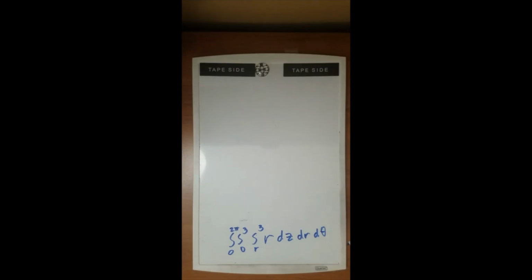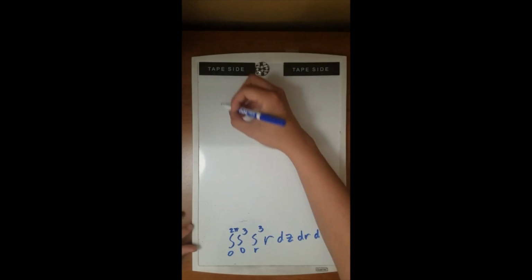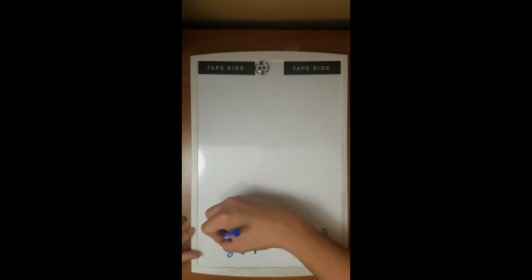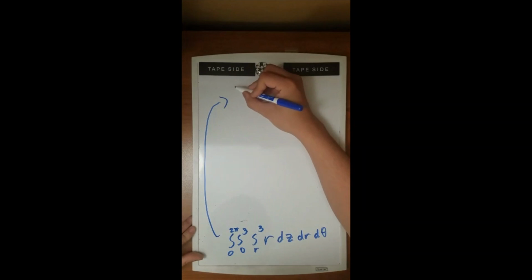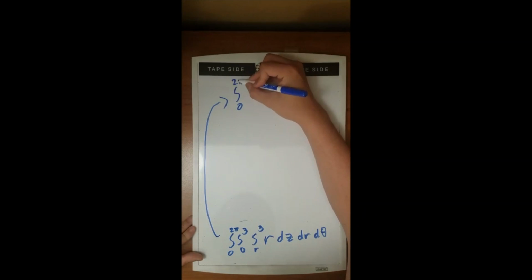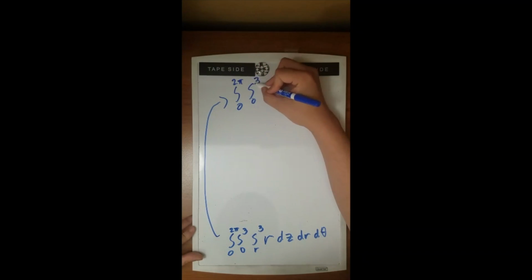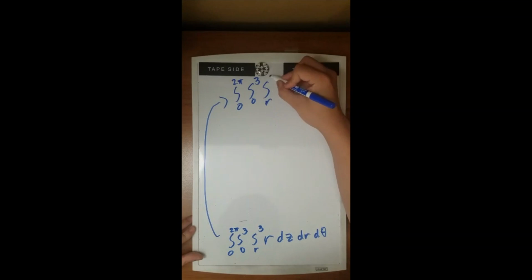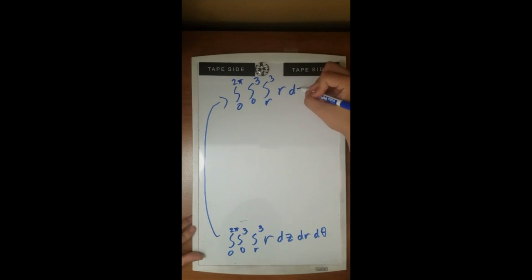Now that we have this equation, we're just going to have to solve it, and I'm going to write this up here instead, which will be 0 to 2 pi, 0 to 3, r to 3, r dz, dr, d theta.